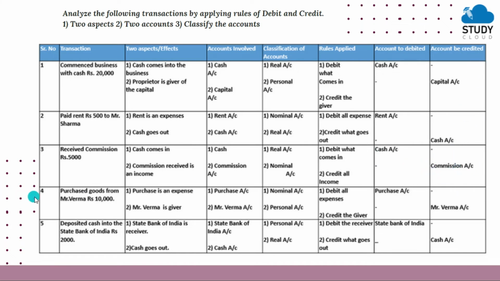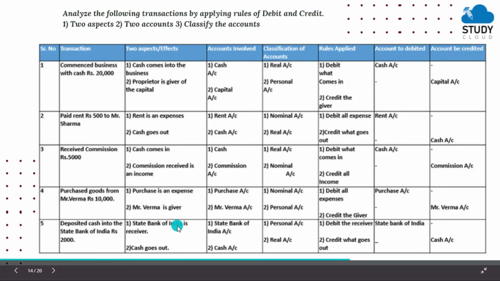Fourth is purchase goods. Now see here you are purchasing goods from Mr. Verma rupees 10,000. So the first part is purchase is an expense. Mr. Verma is giver. Here there is no information that you have paid the cash. So we will assume that it is a credit transaction.